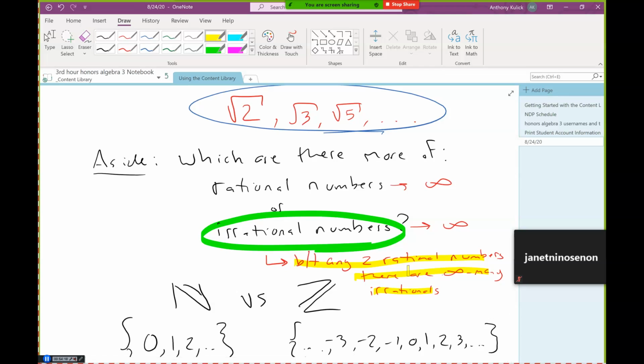But to give you an idea, if you think about the number line, and you put a dot for every rational number, in between two rational numbers, you have infinitely many irrationals. And even if you find another rational number in between those two, there's still infinitely many there.